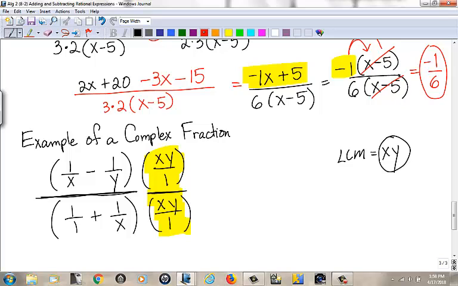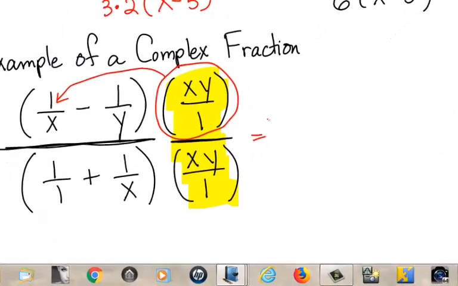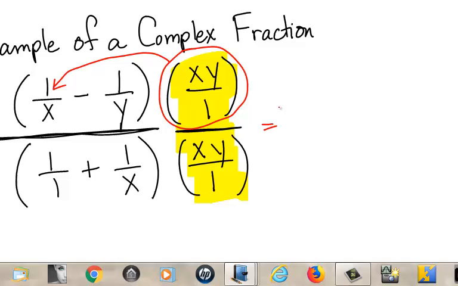Okay, so you got to take this, look up here for a minute, times this. I want you to do it by sight. When you multiply this times this, what's going to divide out? The x's. What's left? Y. So you have a y left. Now multiply times this. When you do it by sight, multiply this out. The y is reduced and you have an x left. So minus x.